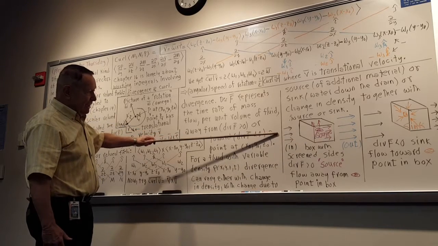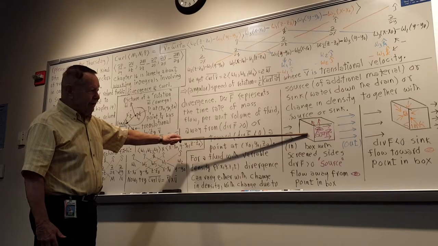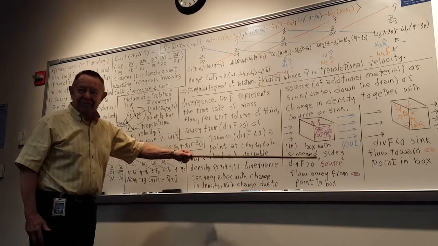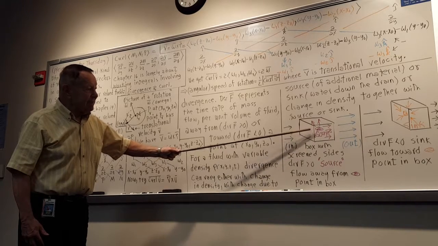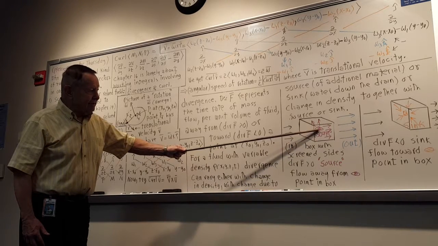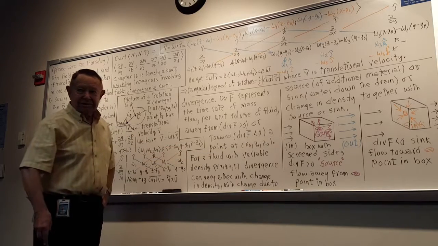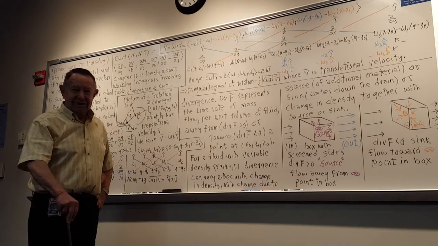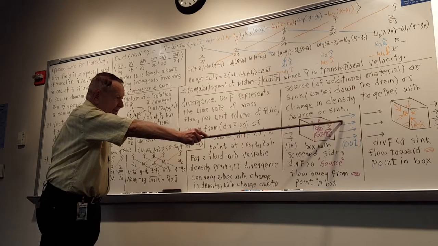So we have this flow coming in, say if you're thinking of water, so then I'm not worrying about the change in density. And then I find a place in my domain where there's a faucet turned on, so there's more water, and then I'm looking at what comes out.